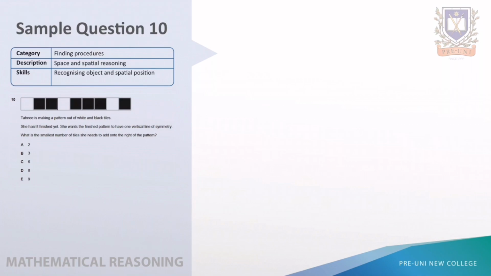She wants the finished pattern to have one vertical line of symmetry. What is the smallest number of tiles she needs to add onto the right of the pattern? For this question, this is quite common in the GA as well as the maths, where students need to figure out the spatial position as well as colors and symmetry as well.